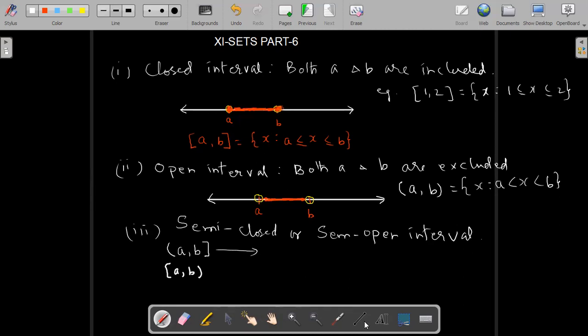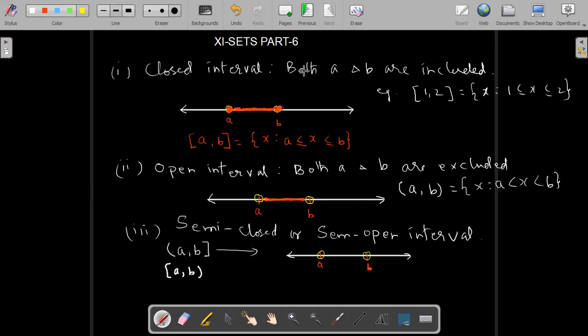On the number line, one side is open, so the left side is open. Check that A should come on the left side of the number line and B always on the right side. A should be less than B. So mark A and B and draw two small circles.